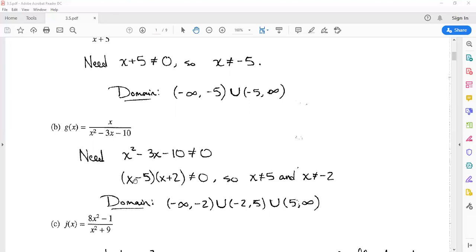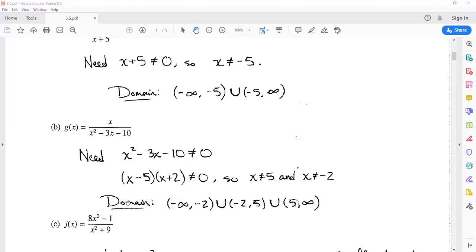So we need that x minus 5 is not equal to 0, and we also need that x plus 2 is not equal to 0, as either one of those being 0 would make the product 0. So x cannot be equal to 5, and x can also not be equal to minus 2. So we have now two x values that are inadmissible in this context.